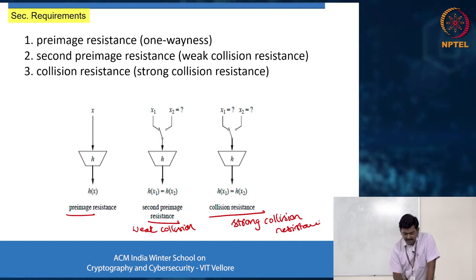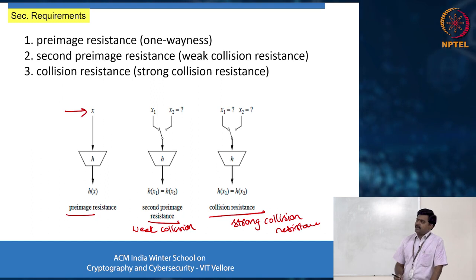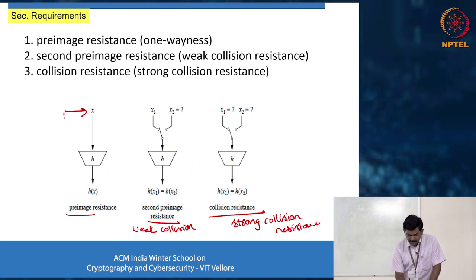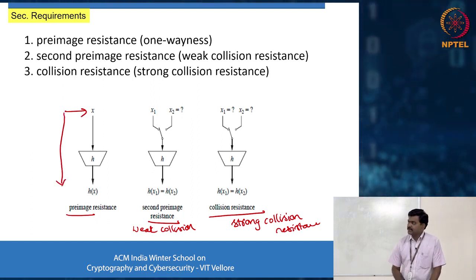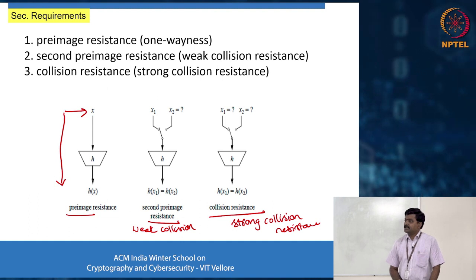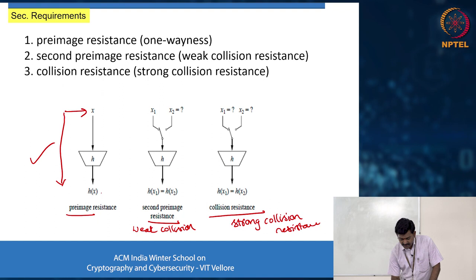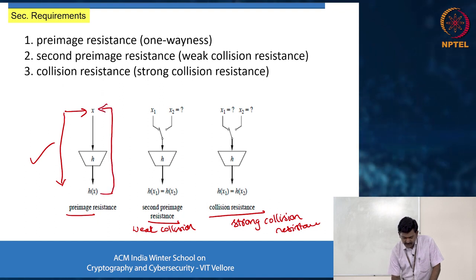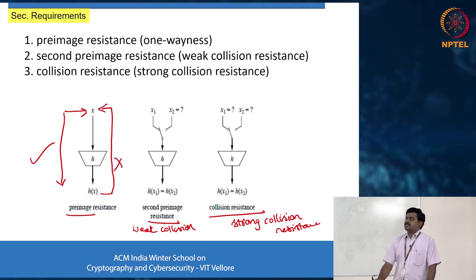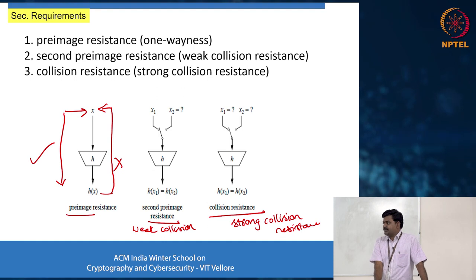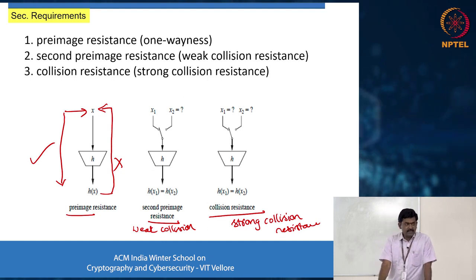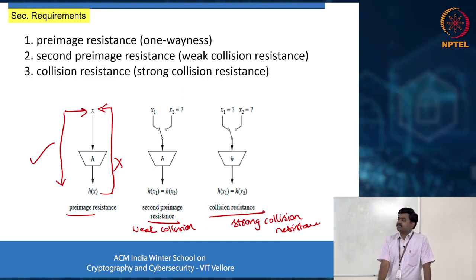So given x, calculating h of x should be computationally feasible, but having h of x, getting x should not be feasible. That is called pre-image resistance.